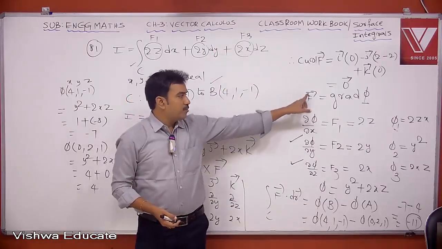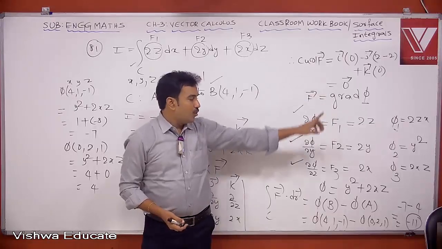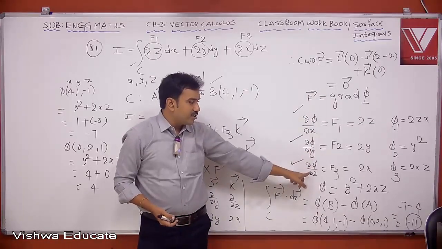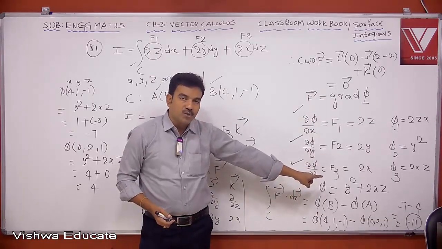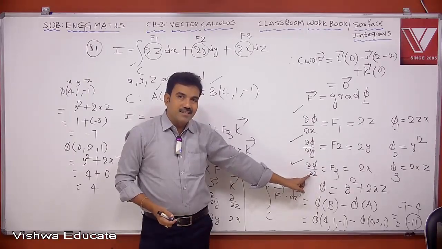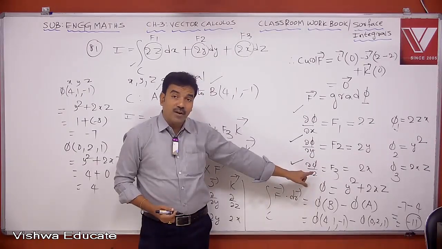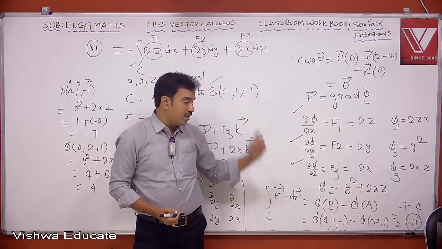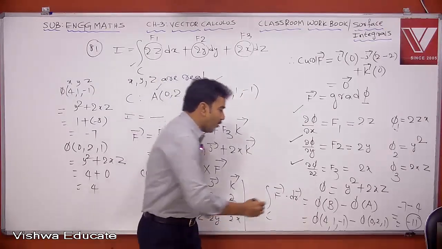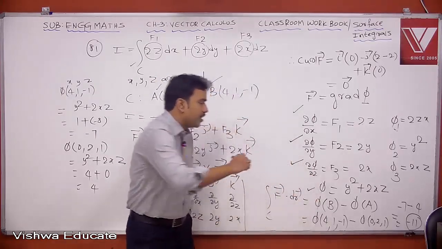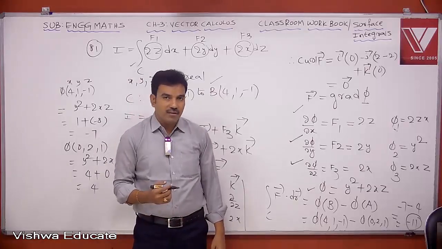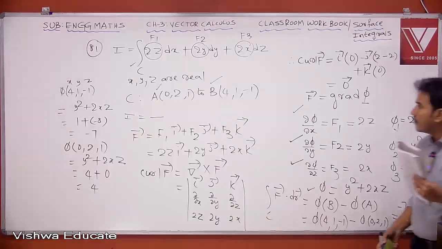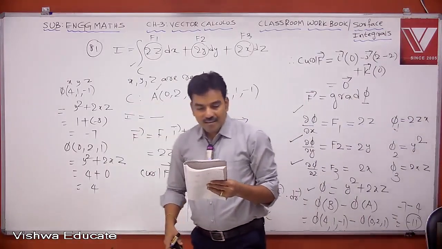So therefore, F bar must be equal to grad phi. When you consider these three equations, we got phi equal to y square plus 2xz. This is a scalar in terms of x, y and z. Therefore, this line integral according to the fundamental theorem is phi of b minus phi of a. When you simplify this, we were getting minus 11. Okay, so note this. Hope you understand this question.